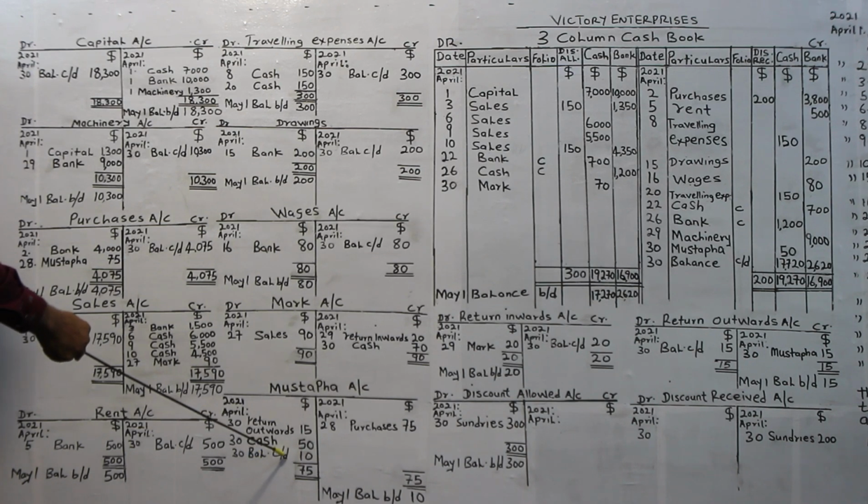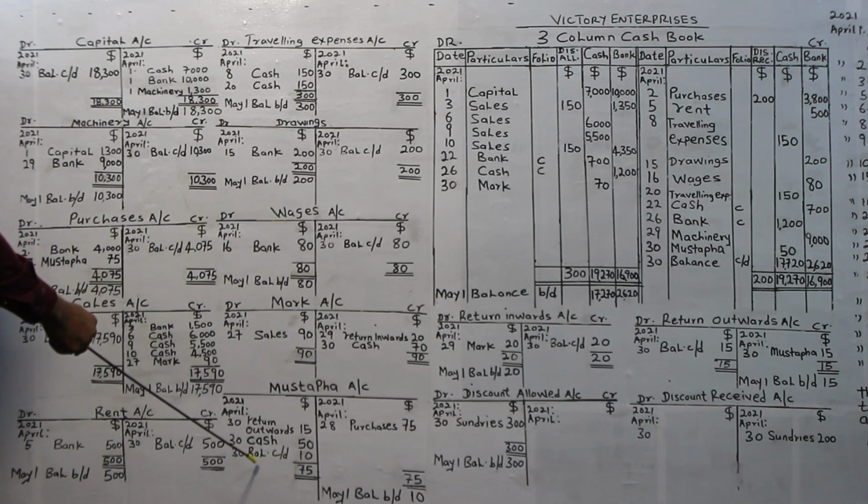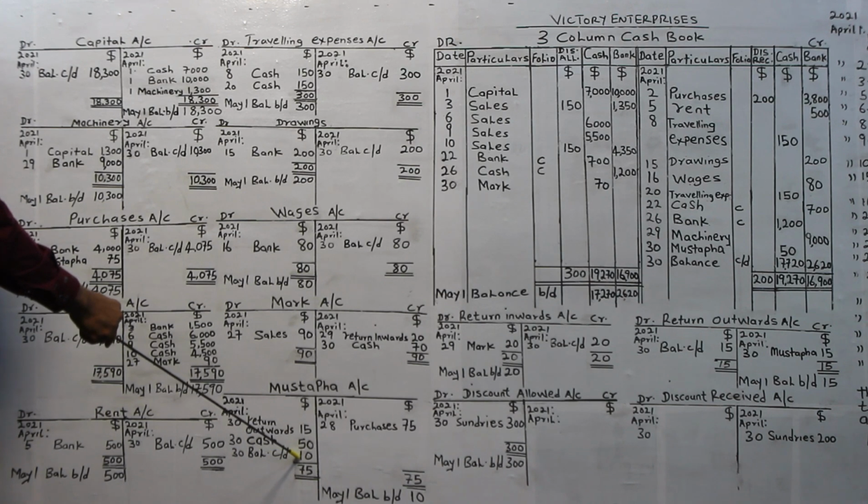Note that this balance carried down represents the only amount that is currently being owed to Mustafa. Note that this $10 amount representing the closing balance is the only amount we are owing Mustafa at the end of the month. Therefore, it becomes the balance carried down.